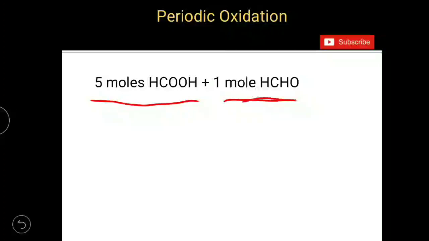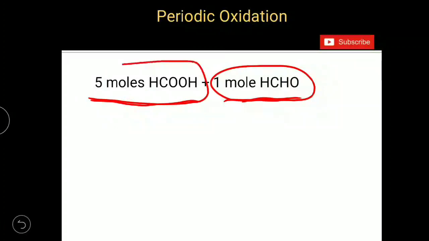Formaldehyde is the product of periodic oxidation of a terminal alcohol. It means in the compound we should have one terminal alcohol. And we got 5 moles of formic acid. Okay, in the given compound we got alcohol at one end.